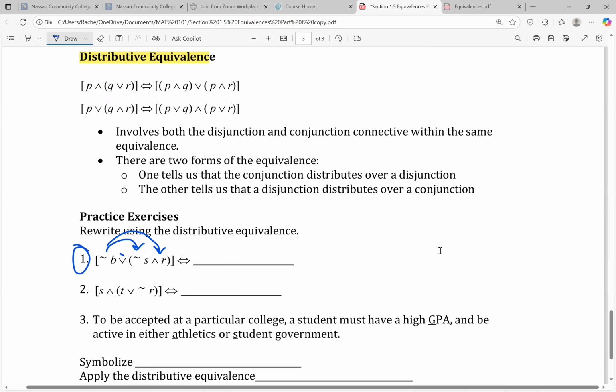So we're going to have not B or not S, and now we're going to have not B or R. So we distributed the disjunction over the conjunction. So we get not B or not S and not B or R.